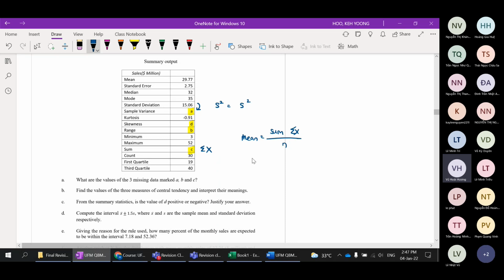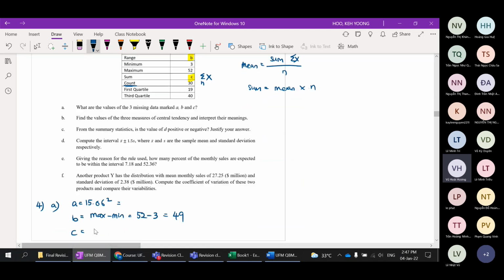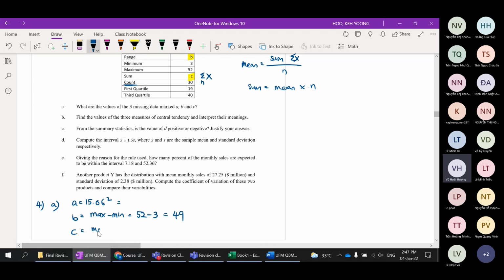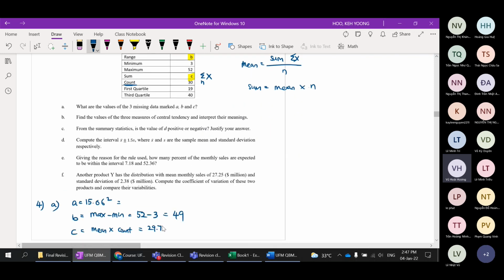So to get the sum, we will take the mean times 30, which is the count. Let's write down the formulas first: mean times the count, or the sample size. So 29.77 times 30. You guys press your calculator, find what is the answer for C.